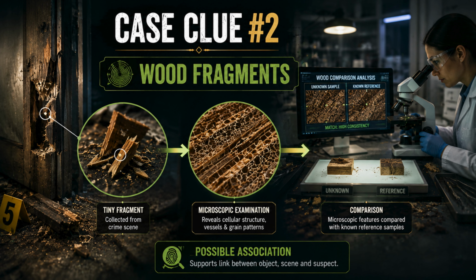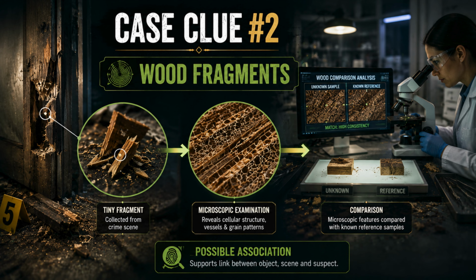Imagine a damaged wooden structure at a crime scene. During examination, investigators recover a few extremely small wood fragments from an object associated with the investigation. At first, they might look completely insignificant, but wood can have characteristics that allow forensic scientists to examine and compare it.